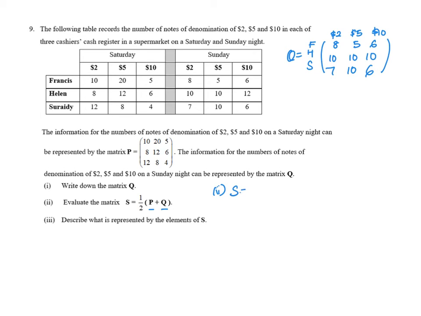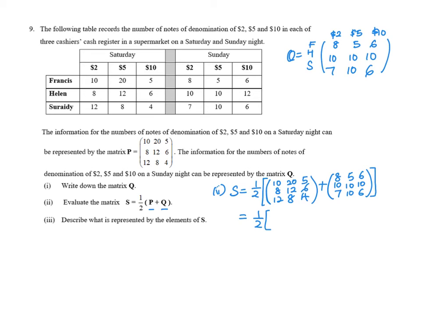So to find S is half of P plus Q. So I'm going to take this P first, add to the matrix Q, and then later multiply by half. So I'll have half multiplied to the matrix.